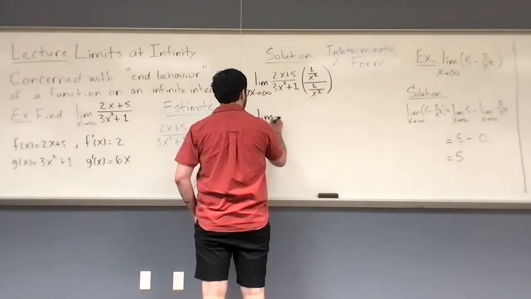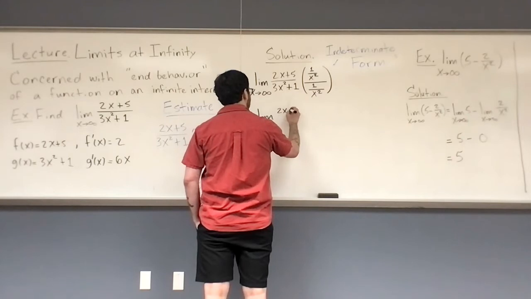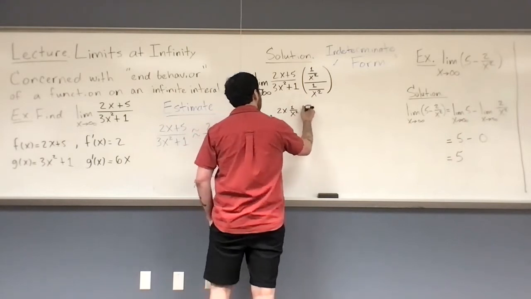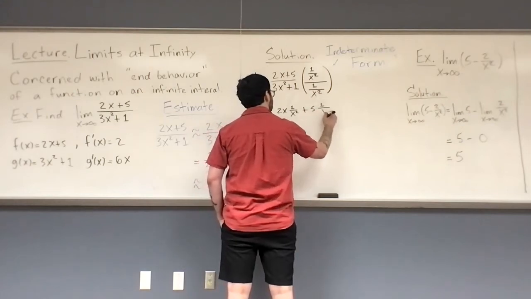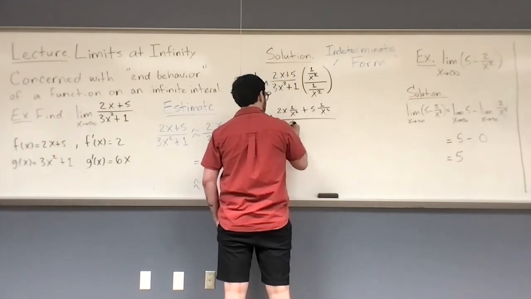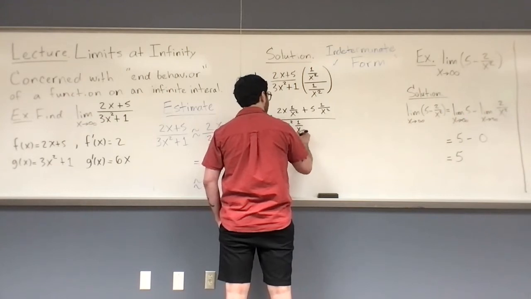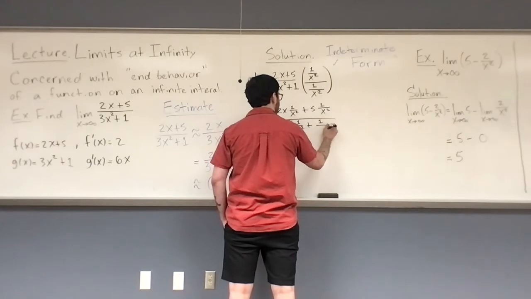Limit as x goes to infinity of 2x times 1 over x squared plus 5 times 1 over x squared, divided by 3x squared times 1 over x squared plus 1 over x squared.